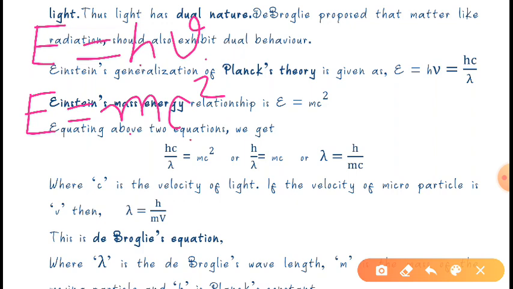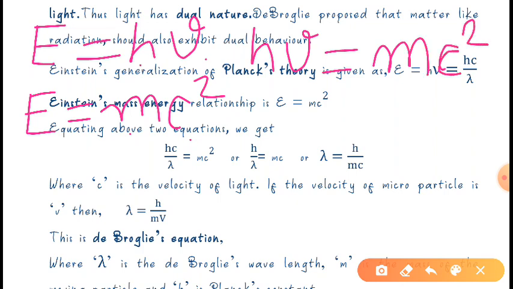So can we write h mu is equal to mc square? Because both are equal here. Now, in place of mu, we can write c by lambda, as we have learned in the previous lecture, mu is c by lambda.